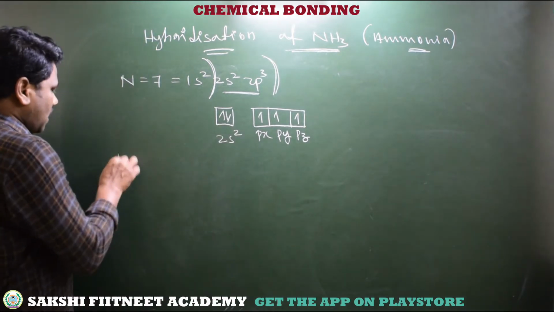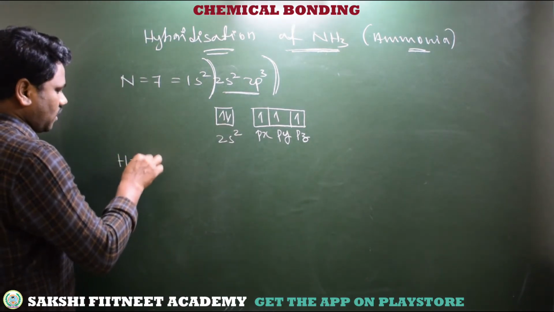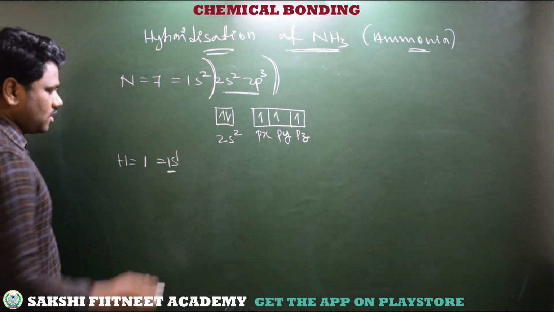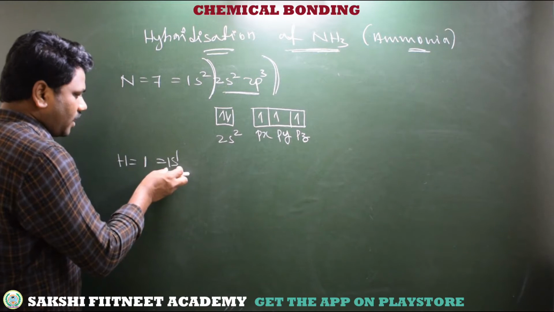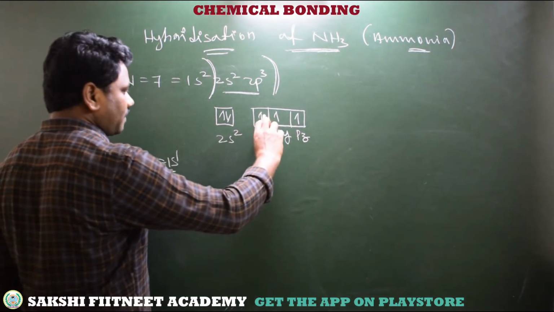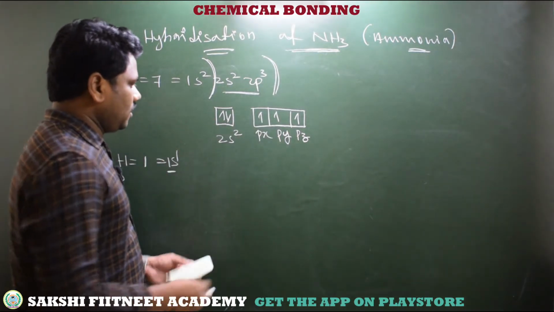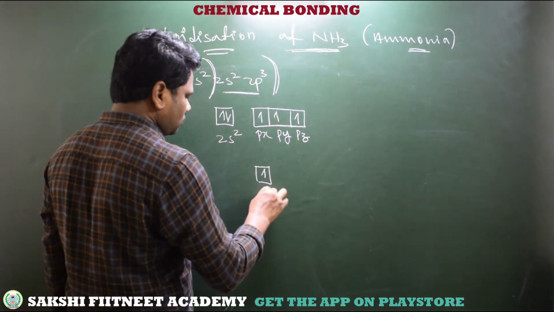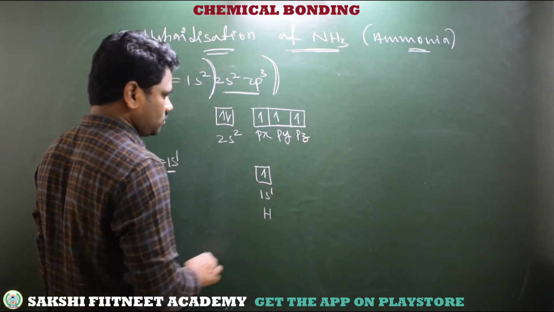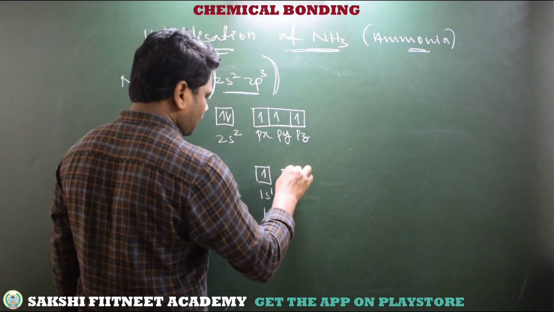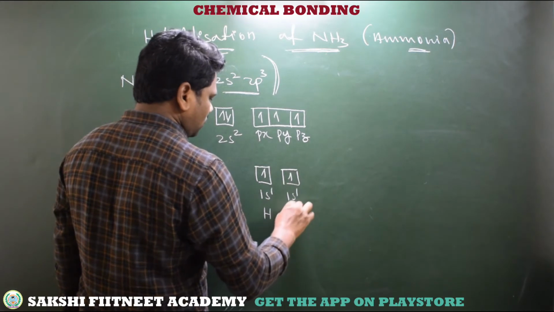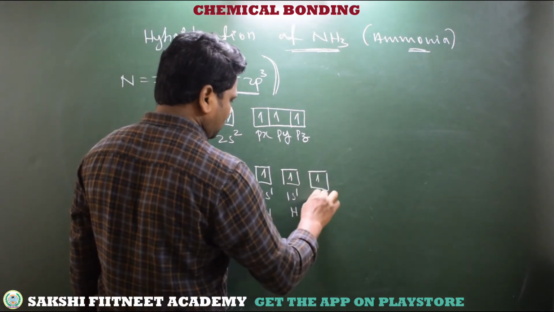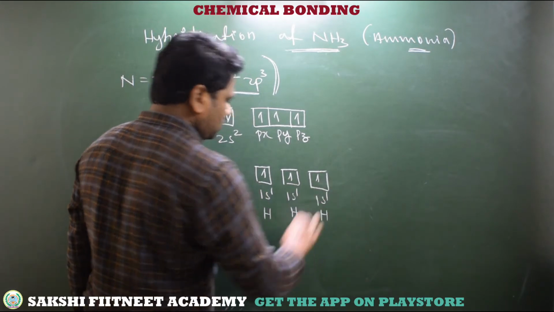See here, the hydrogen atomic number is 1, and the configuration becomes 1s1, so this unpaired orbital is going to overlap with this unpaired orbital. Simply here, one is the 1s1 of one hydrogen, next is the 1s1 of the next hydrogen, and the next is the 1s1 of the third hydrogen.